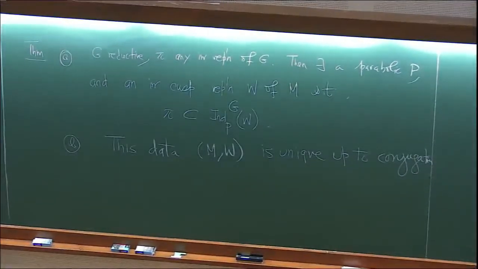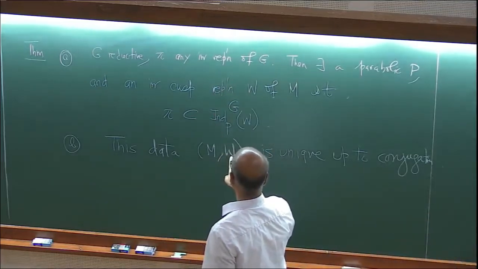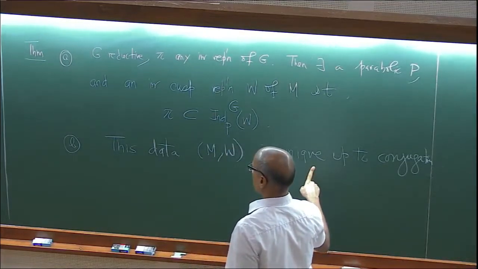So to any representation, there is a cuspidal data which is associated. W is a cuspidal representation of a Levi, and this data is unique.